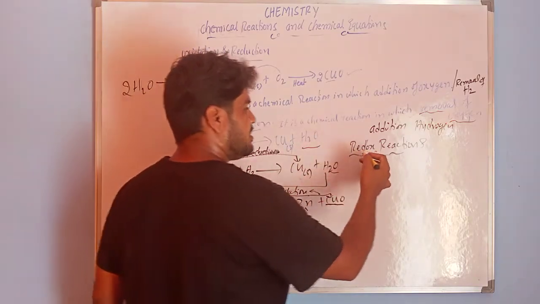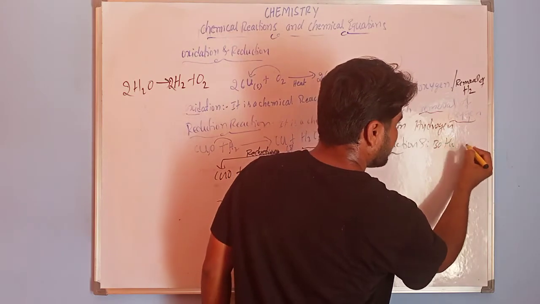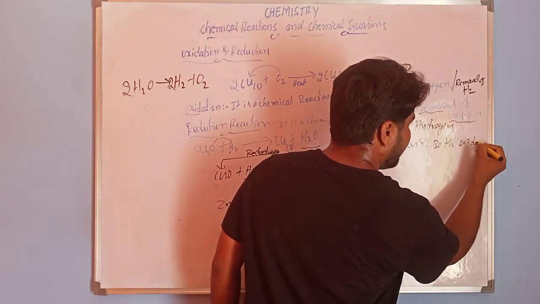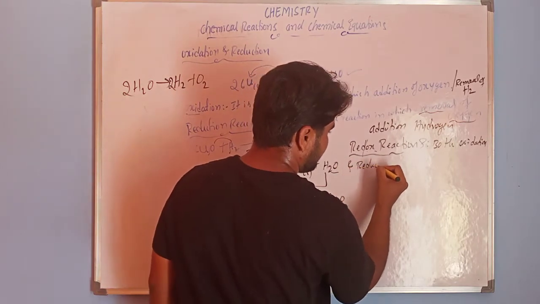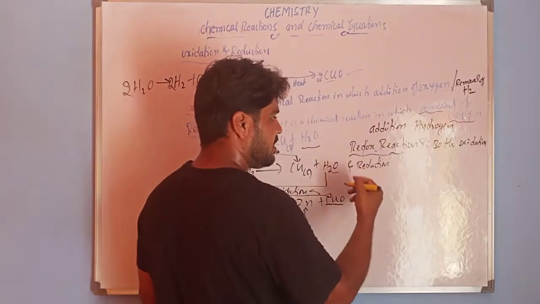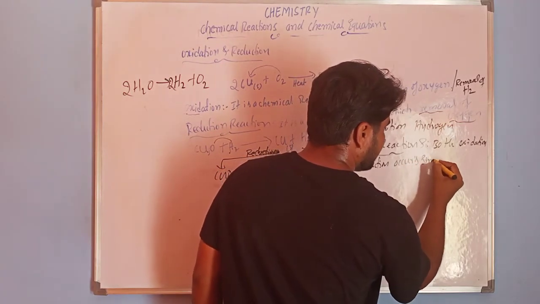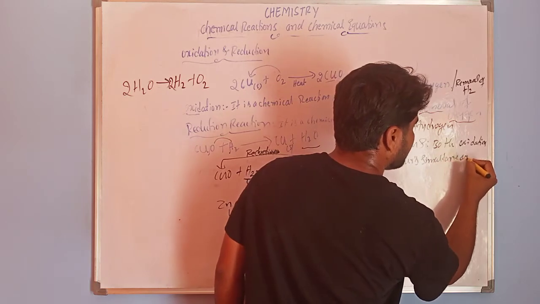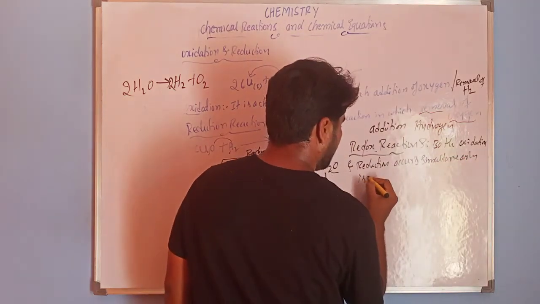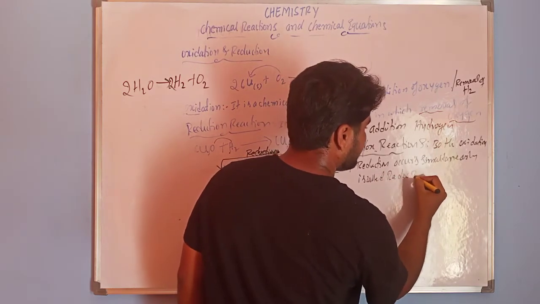So what happens in redox reactions? Both oxidation and reduction occur simultaneously, and this is called a redox reaction.